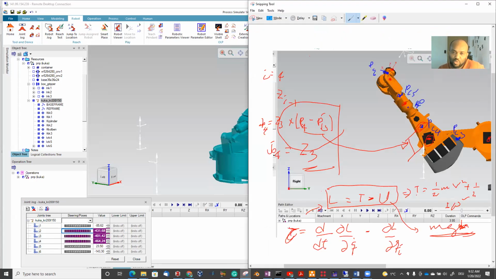But during the exam, I will just ask the concept. For example, you should know how to calculate the dynamics of the robot using a Lagrangian equation.